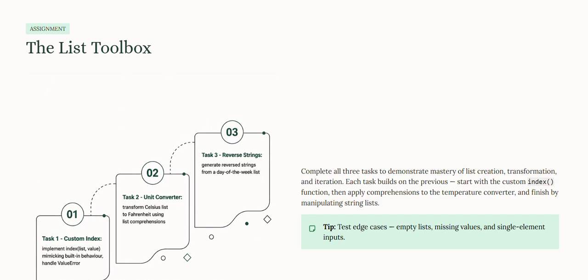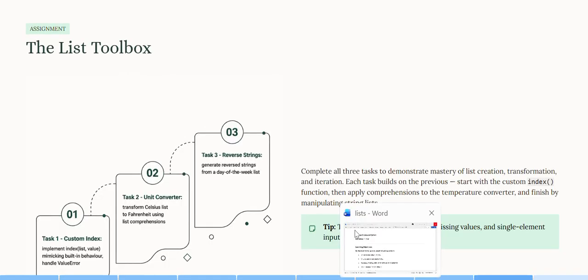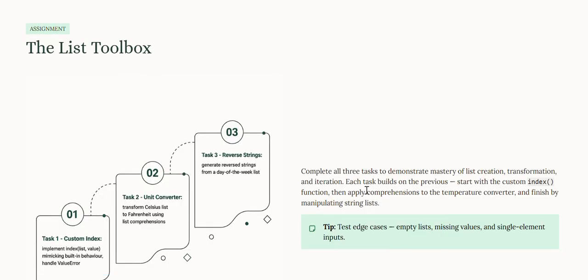Okay. Complete all three tasks to demonstrate mastery of list creation, transformation, and iteration. Each task builds on the previous. Start with the custom index function, then apply comprehensions to the temperature converter and finish by manipulating string lists. So this was the assignment to do at the end.